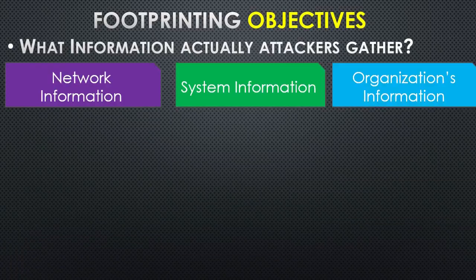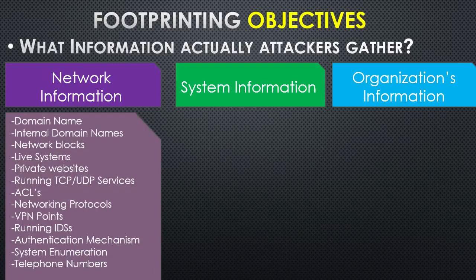While collecting network information, attackers generally collect domain name, internal domain name, network blocks, live systems, private websites, running TCP or UDP services, access control lists, network protocols, VPN points, running IDSs, authentication mechanisms, system enumeration, and telephone numbers.